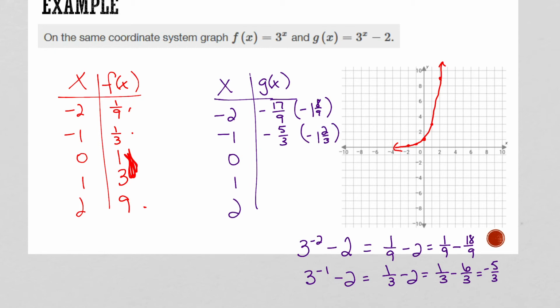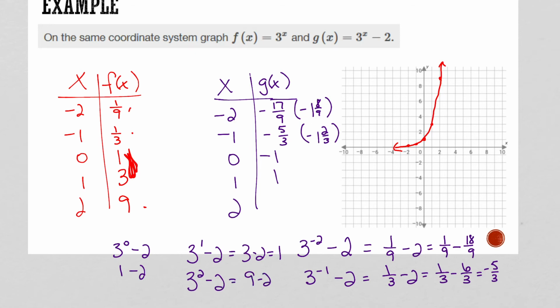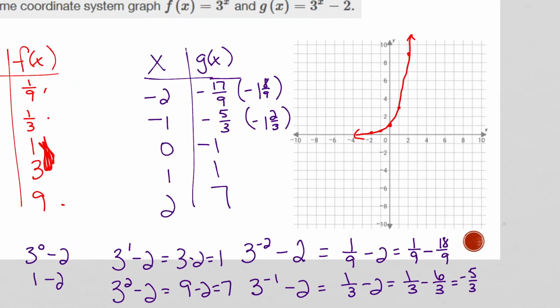All right, so if I raise that to the 0 power, so I've got 3 to the 0 power minus 2, which is 1 minus 2, which is negative 1. And then I've got 3 to the first power minus 2, which is 3 minus 2, which is 1. And then 3 squared minus 2, which is 9 minus 2, which is 7. All right, let's graph those.